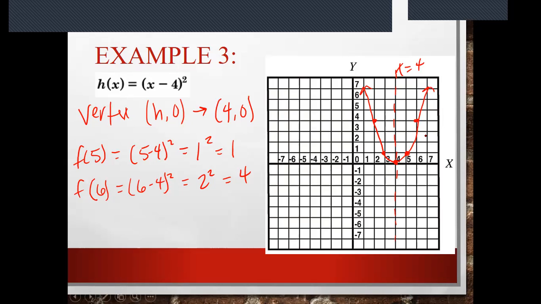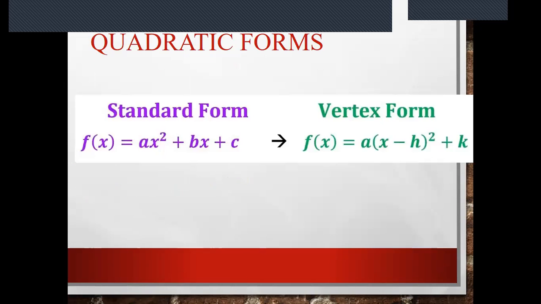All right. Do you feel comfortable graphing in those 3 states? Anyone not? Good. Cool. All right. Quadratic forms. We have 2 types of quadratic forms. We have standard form and we have vertex form, right?